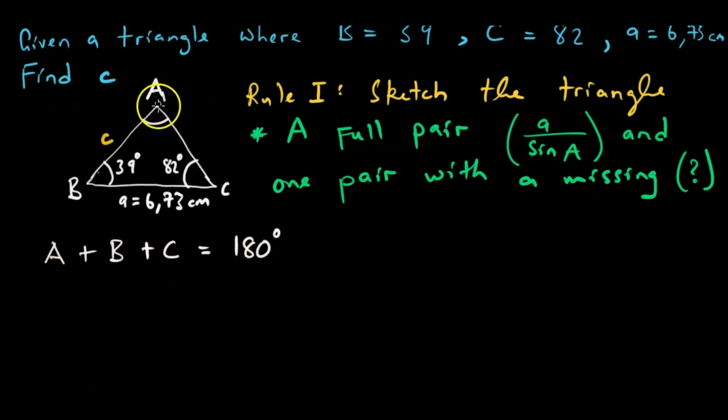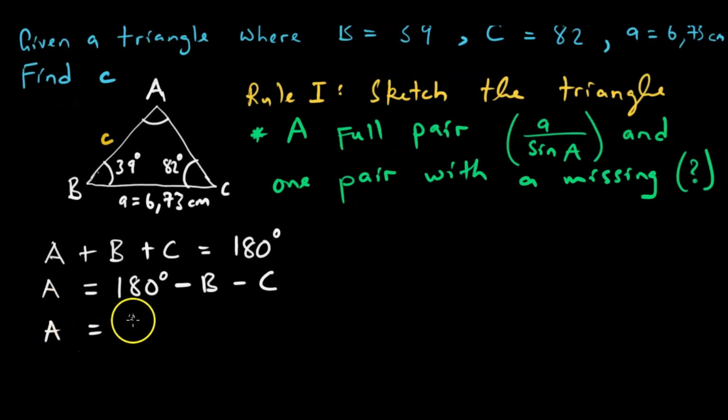Then we need to find angle A. A remains here, equal to... B is positive here, when it crosses the equal sign it becomes negative. So we start by writing positive 180 on the right hand side, then minus B minus C, like this. To find A: A is equal to 180 degrees minus what is B? B is 39 degrees, minus what is C? C is 82 degrees.